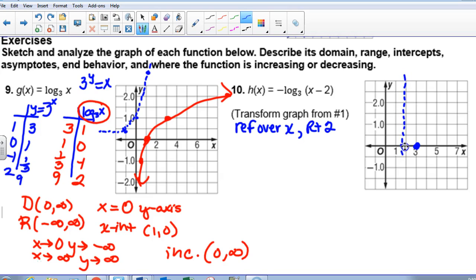That's going to shift to the right and be here. But these other points are not only going to shift to the right 2, they're going to flip. So this one that was at 3, 1 moves to the right 2, it's now at 5, 1, but it's not. It's at 5, negative 1. And this one that was at 1/3, negative 1, moved to the right 2, so it's at 2 1/3, but instead of down at negative 1, it's up at positive 1.